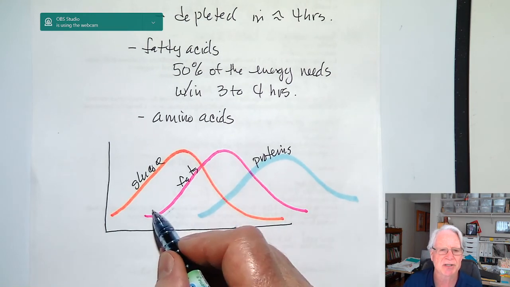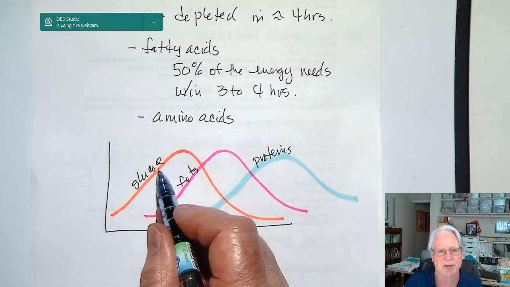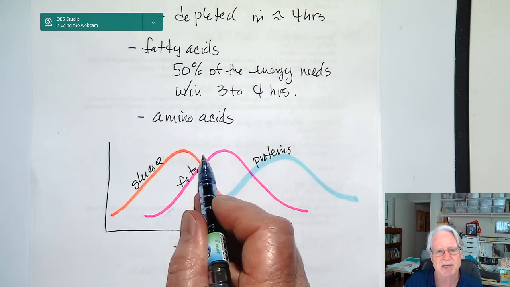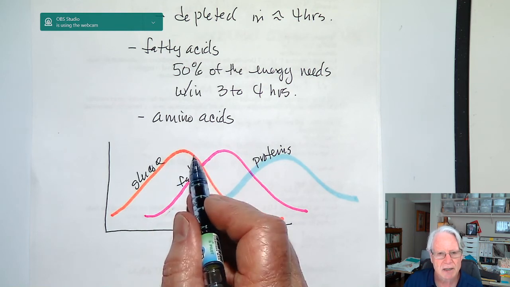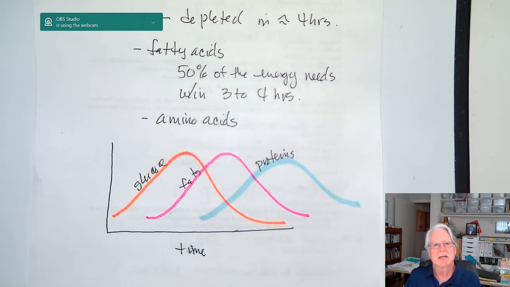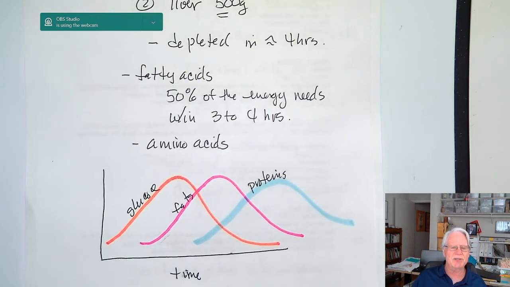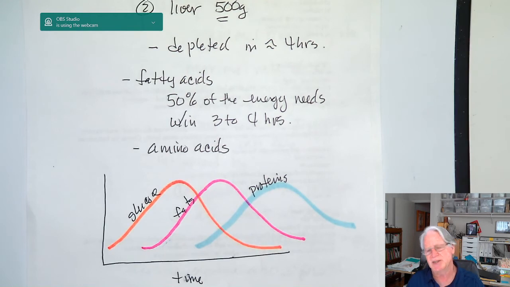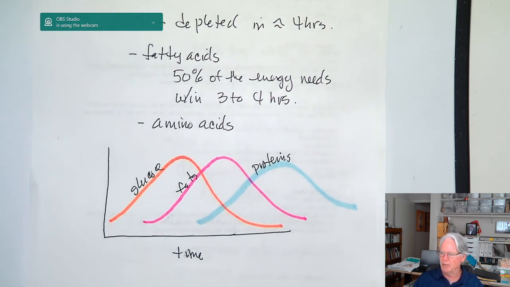You're already starting to utilize the fats even as you're still burning glucose, but you're reaching a peak and then fats can take over. Okay? So the limiting resource in the aerobic system is not oxygen. It is the nutrients. As long as you have the nutrients, this can deliver energy for as long as those nutrients are available.